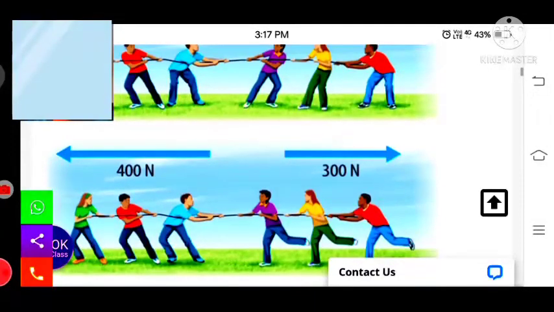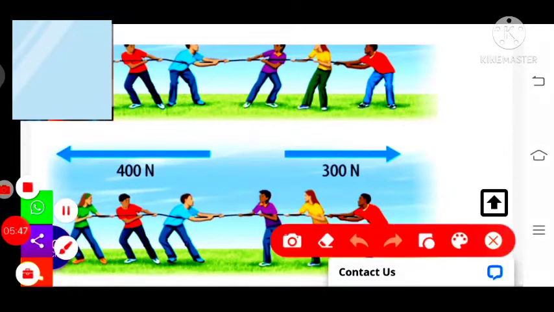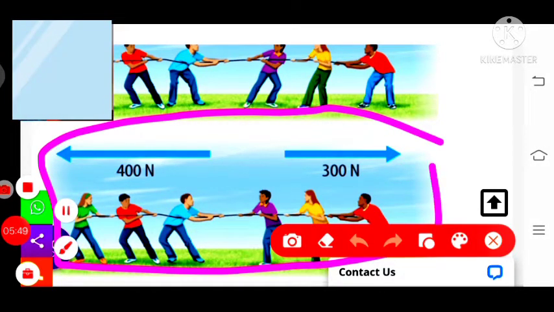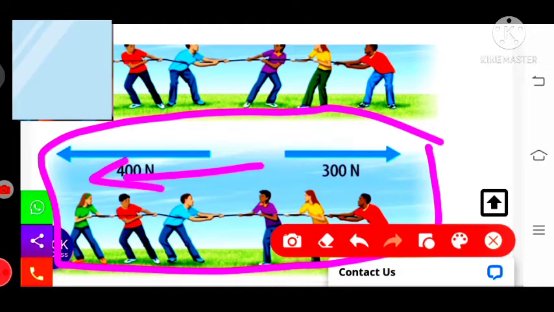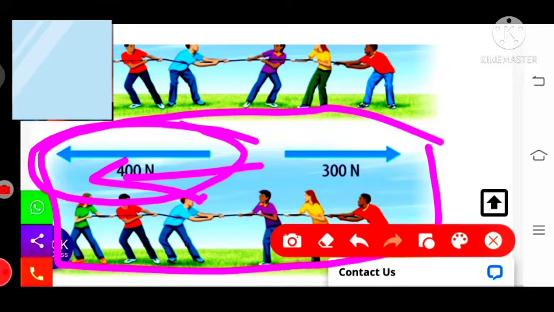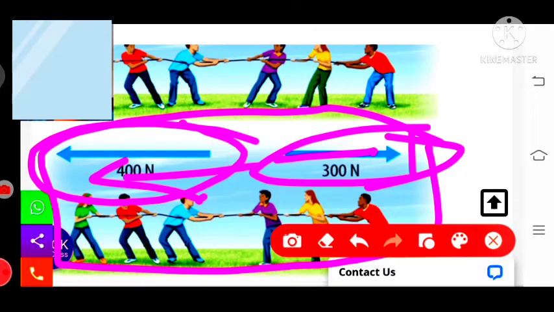Now we come to the next. So this is an example of unbalanced force. In this direction, the force of 400 newton is applied, and in this direction, on the right, the force of 300 newton is applied.